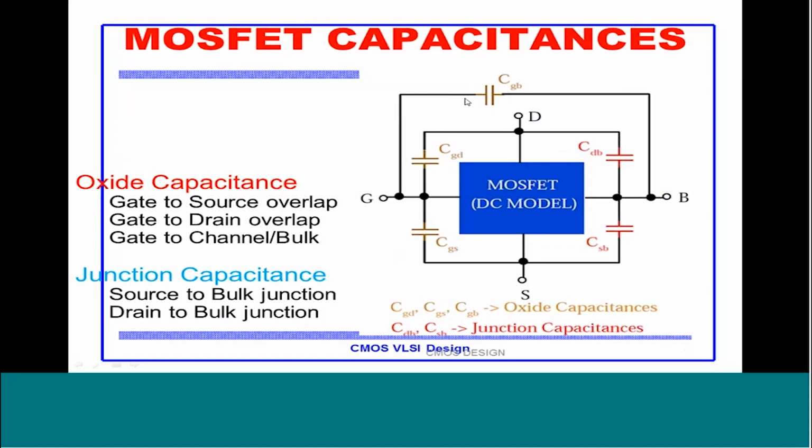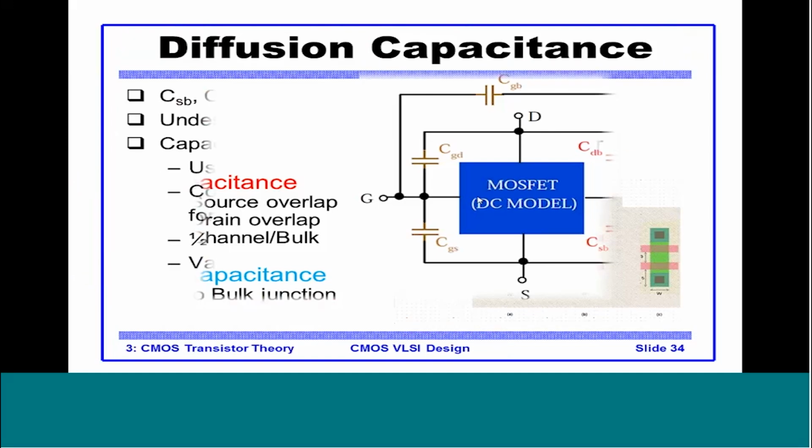CGB is nothing but CG, the desired capacitance that forms a charge. Now what happens is that an ideal transistor will have no overlapping region between the diffusion and the oxide. So in a self-aligned process, in an ideal process, there will be no overlap between the diffusion, that is the two N+ regions. Let me go back to the figure.